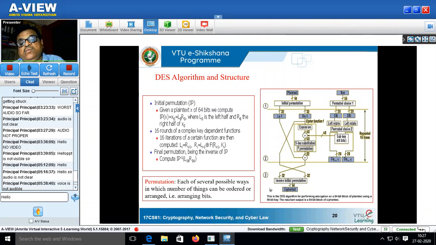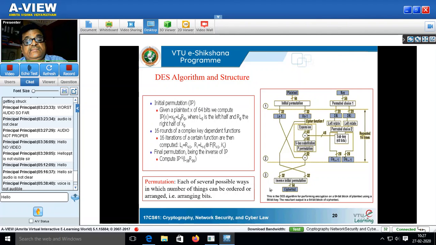In the next round, whatever output we get, we keep 32 bits fixed, and the earlier left side of the message undergoes change. Then in the next round, of the 64-bit output, the right 32 bits become the left side input, and the left side becomes the right side. Like that, we move from one step to another.